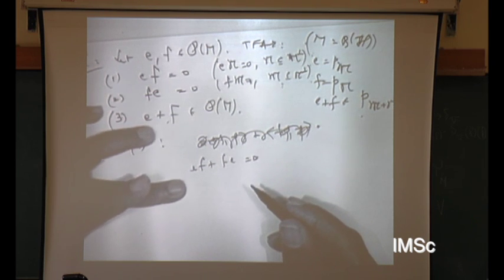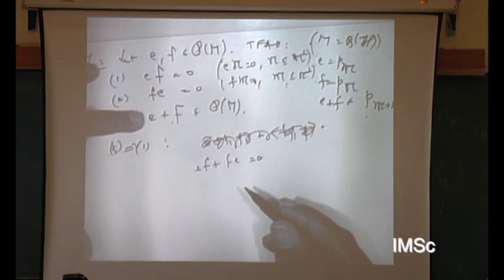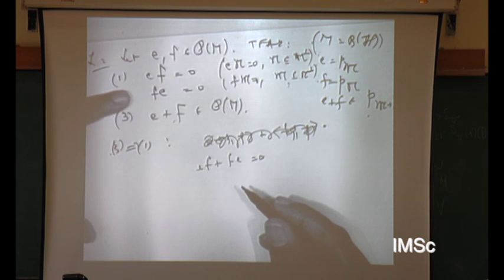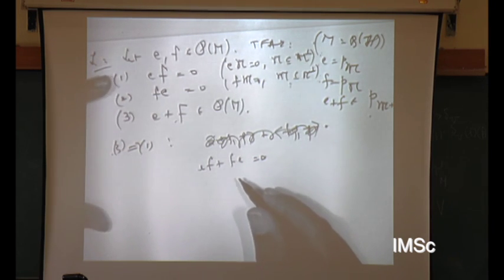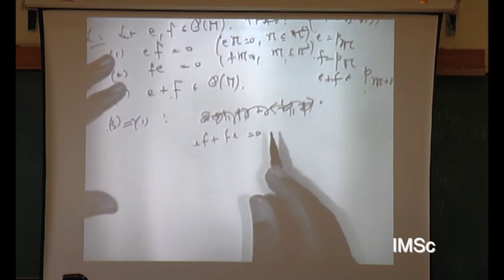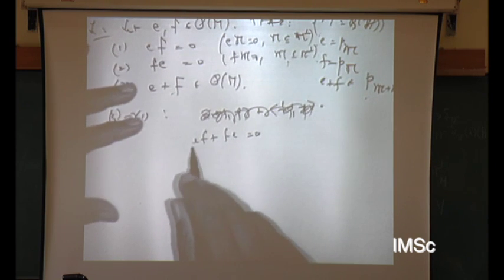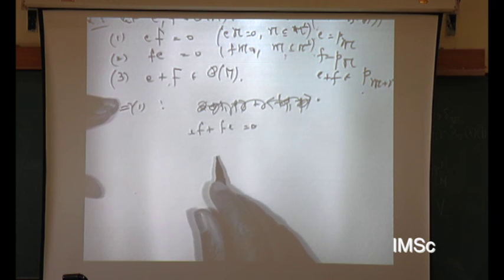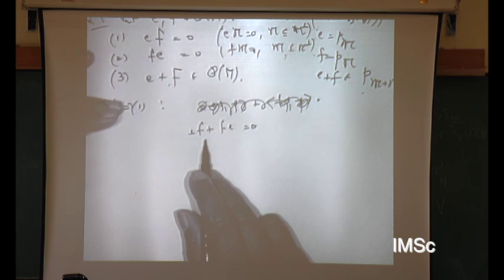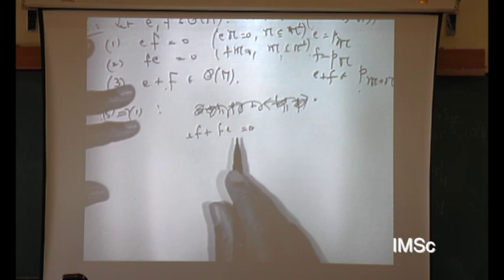This is a projection. If I am given this, using the fact that E plus F is idempotent, I deduce this equation. Now from this I want to conclude that EF is 0.